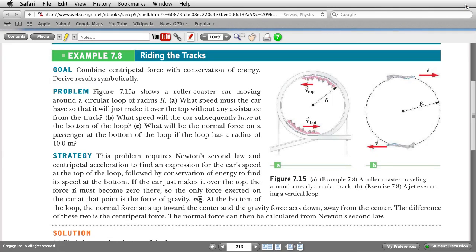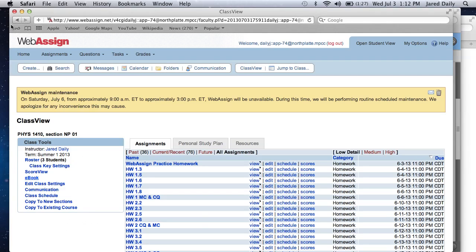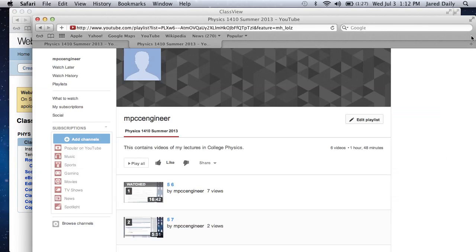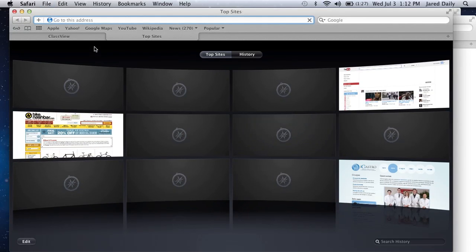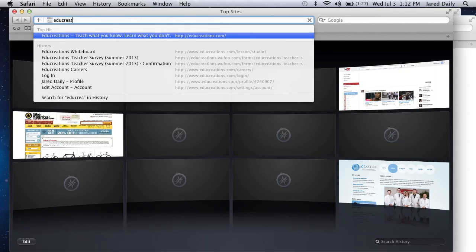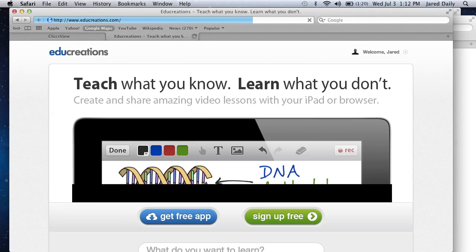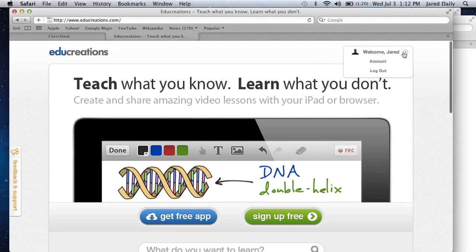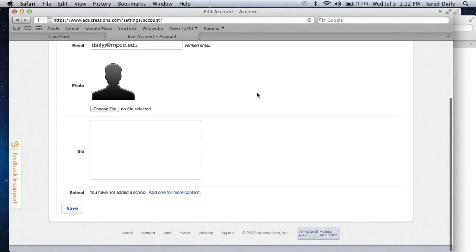Educreations really quick and see if we can make some sense of this. I've got an Educreations window open somewhere, I thought. Maybe not. Okay, let's go back here. Oh, come on. How do I start one of these things?